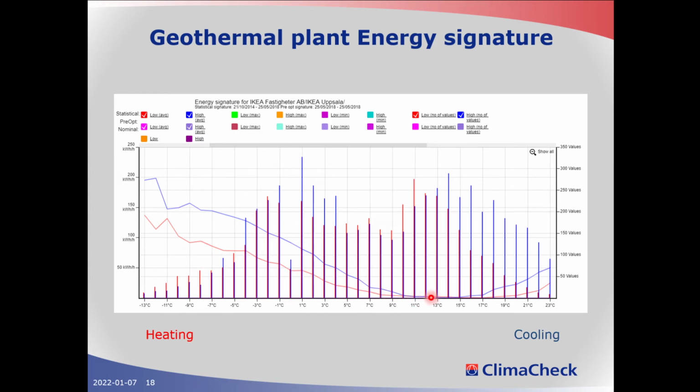It goes down to 0, so it's not used at all between 11 degrees and around 15 degrees Celsius here. And then you can see in the summer, at slightly warmer temperatures, it has started to be used as a chiller plant instead. So that's why the signature looks like this.